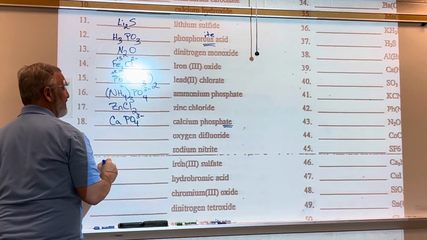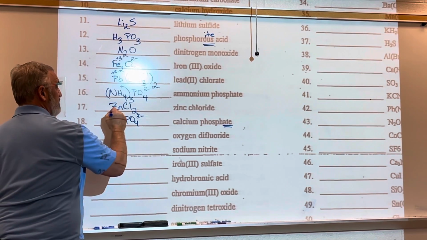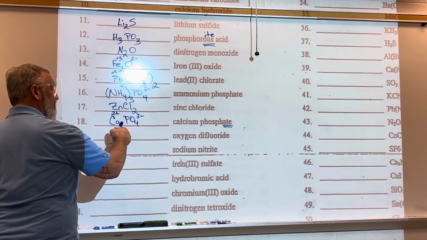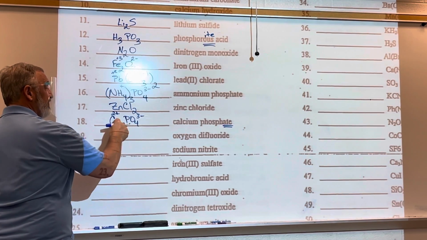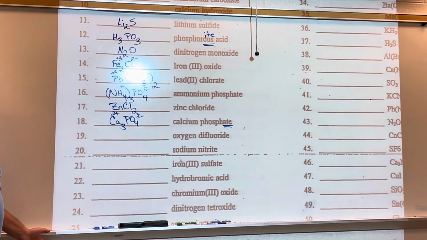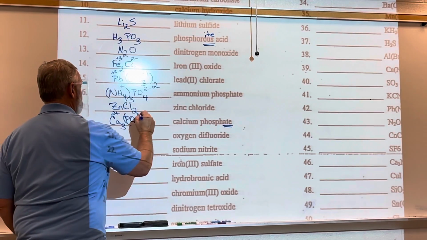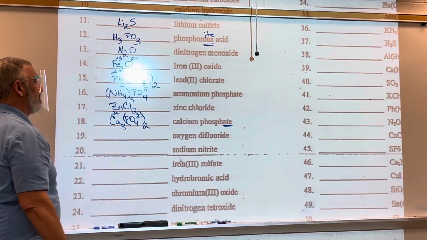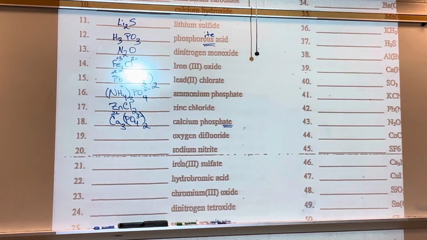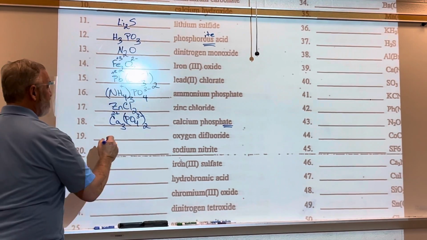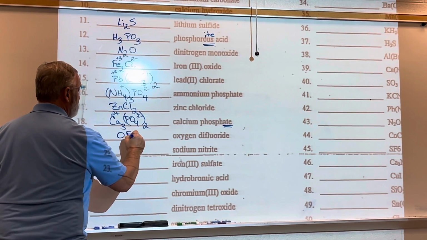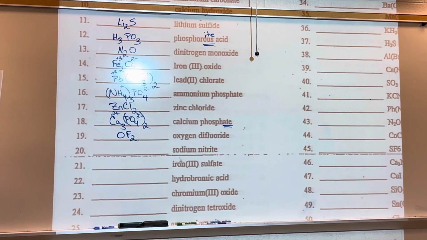What's calcium's charge? 2 plus. Therefore, we crisscross, bring the 3 here, but I need the 2, so what do I have to do? Put it in parentheses. 2. Okay? Oxygen difluoride, OF2, the OF2 molecule. Okay, I'm just gonna hurry up here and get these done, so make sure we don't run out of time.